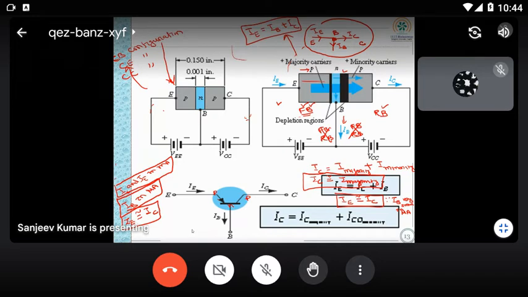Both factors together determine your total collector current. Now, if I take a node point, total I is equal to IB plus IC, and this condition is always satisfied, either for PNP or NPN. Similarly, for the NPN case, you can follow the same process.